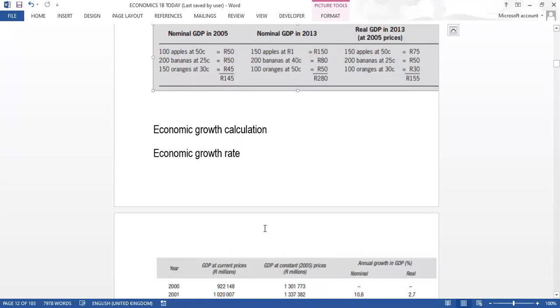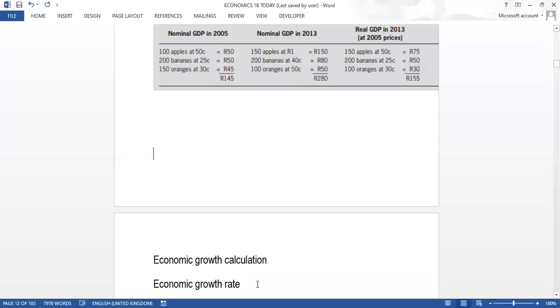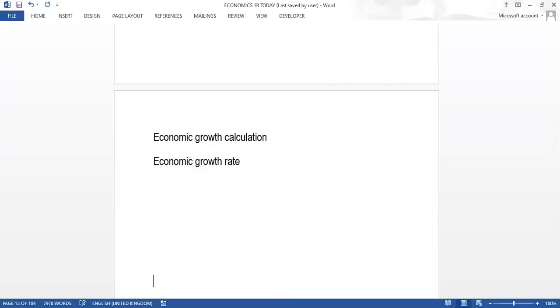The formula that is used to calculate economic growth is current year's GDP, so basically real GDP, minus previous year's GDP, depending on the time period in question, divided by the previous year's GDP, times 100.